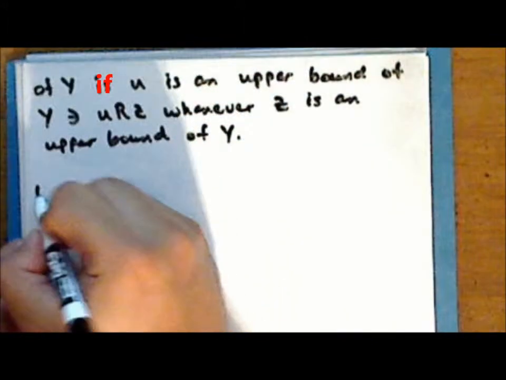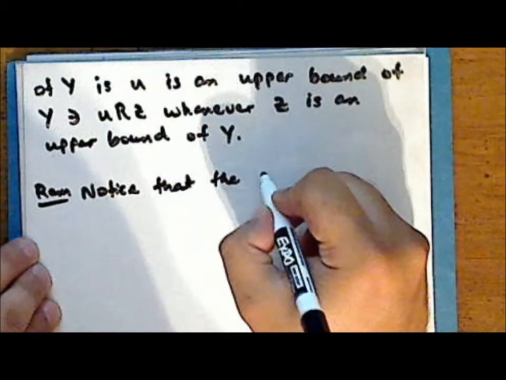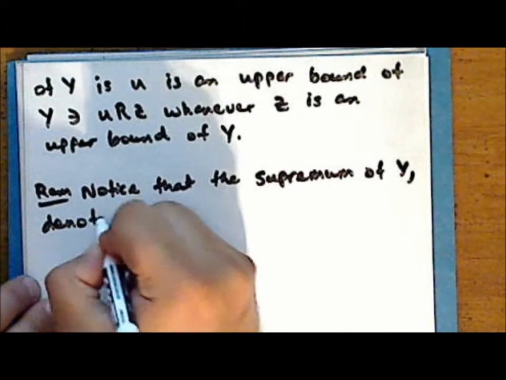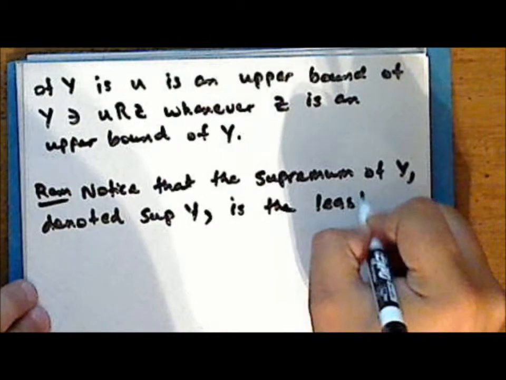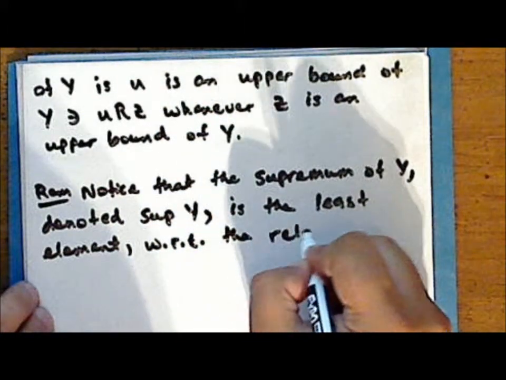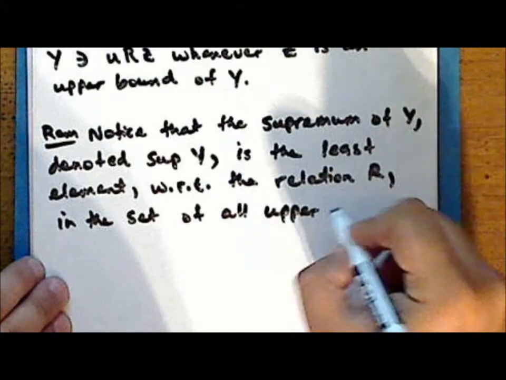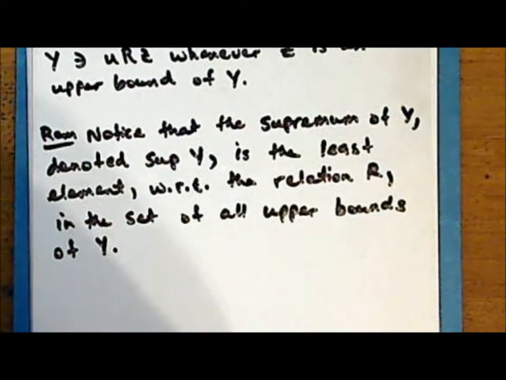Of the set Y. So notice that the supremum of the set Y, which is denoted sup Y, is the least element with respect to the relation R in the set of all upper bounds of the set Y. That is, the supremum of the set Y is the least element in the set of all upper bounds.